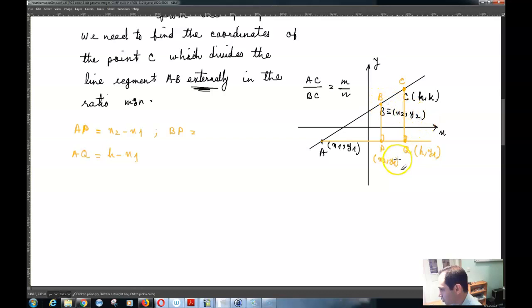So that's y2 minus y1. The y coordinate over here is y2, and here is y1. So that is y2 minus y1, and CQ over here is equal to, again, the x's are the same, so k minus y1.